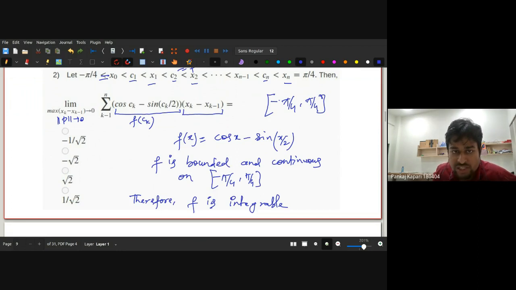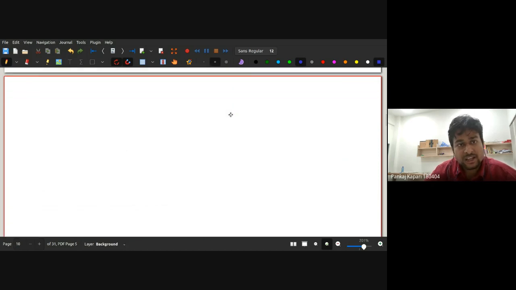So integrable means that this limit must exist. This limit must be a finite real number, and that limit is actually the integral of our function from minus pi by 4 to pi by 4.